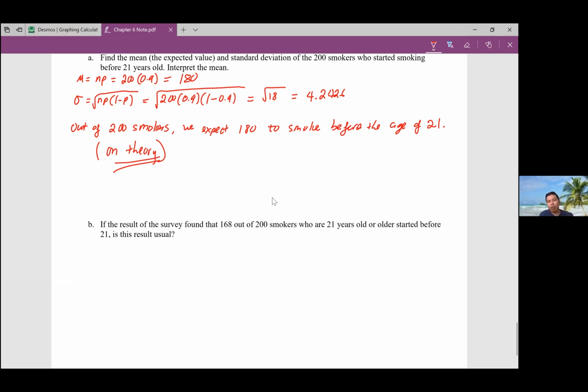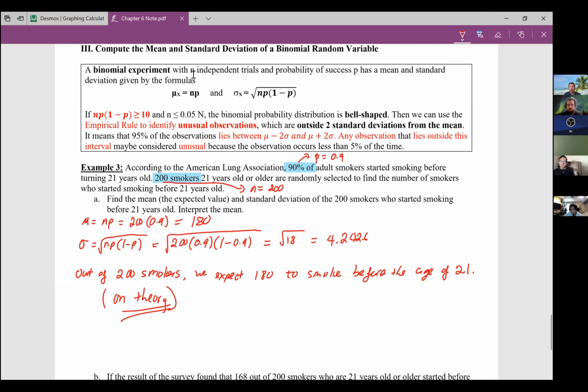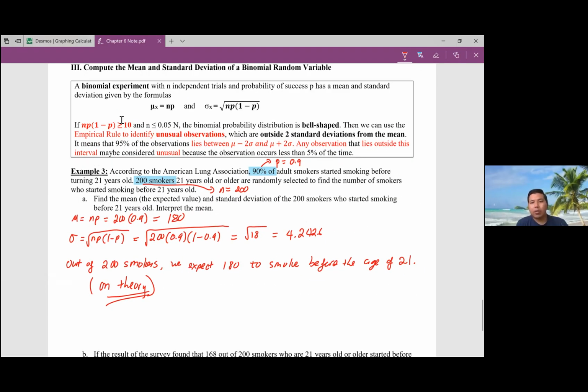So talking about the unusual event, we're going to go back to the box right here. Any event that occurs outside of the 95% will become an unusual observation. So we're going to use that logic to help us find out whether an event is usual or unusual.